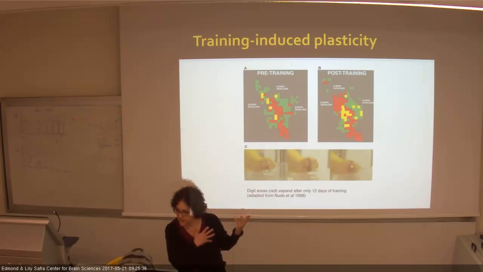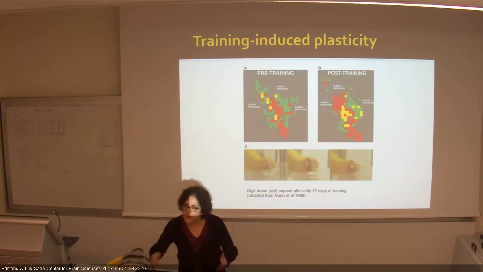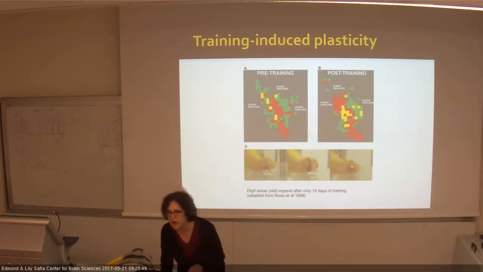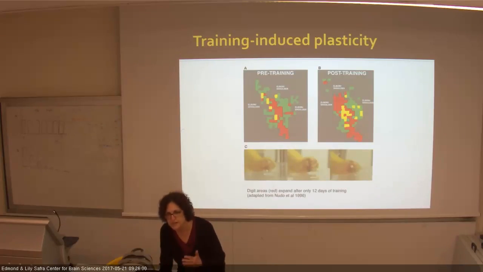Most of these studies are done in a trained monkey. A monkey is already trained to some task, and then from day to day you stimulate it. If you go back to the same site, oftentimes you get the same response. A shoulder-related site throughout the course of weeks and months remains a shoulder-related site.